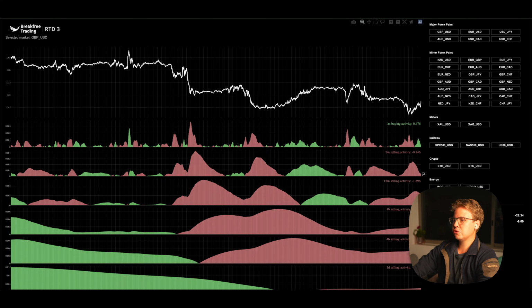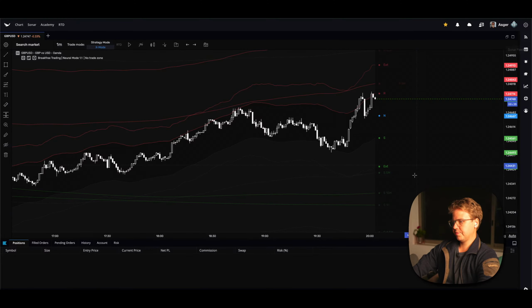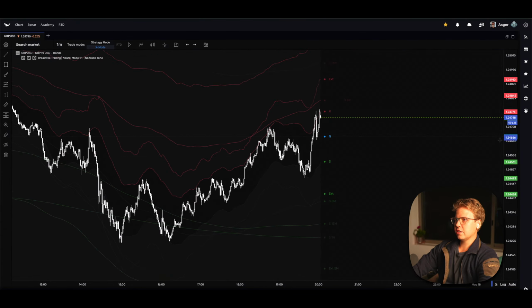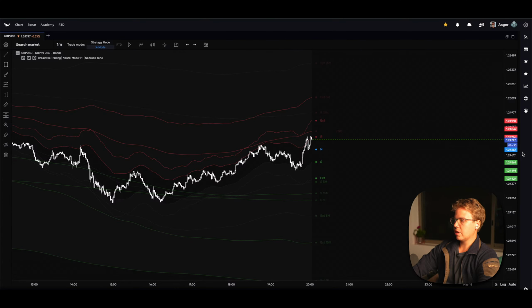That allows you to really get an insight into what the market is currently doing and what's worth paying attention to. So I think that's very cool, because when we are trading, and this is the new version of neural mode that we are working on right now.